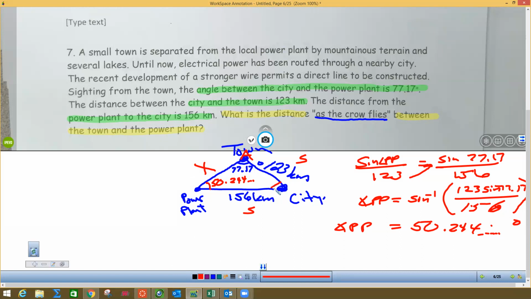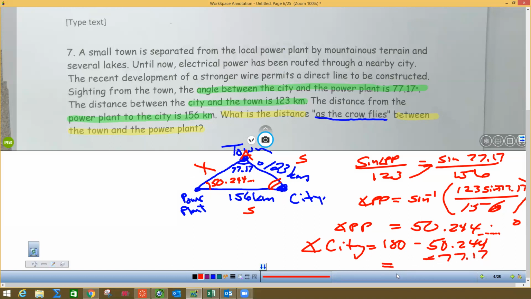Now I have to find the city angle because I need the city angle to get X. What do we always do to get the third angle? That's right. So I'm going to take 180 minus the angle I just found, and I'm going to use the whole decimal, minus the other given angle, which was 77.17.